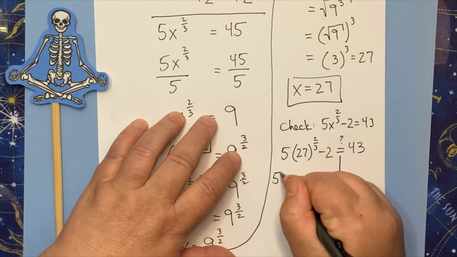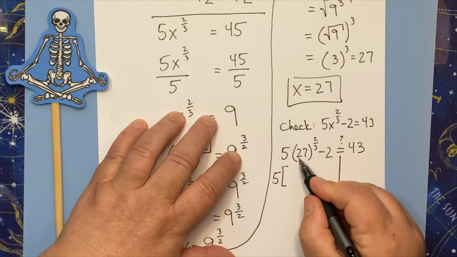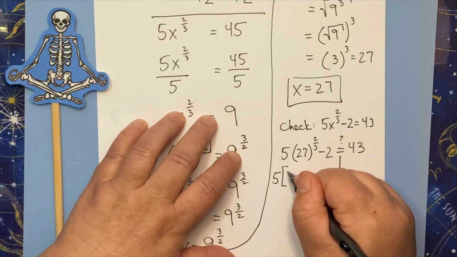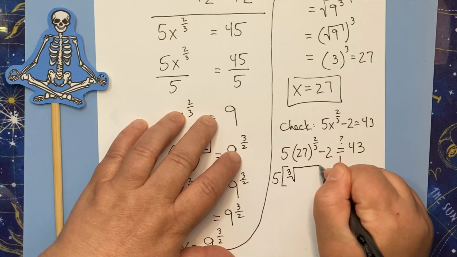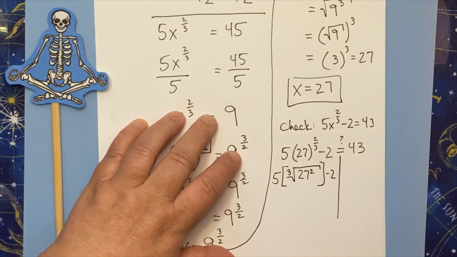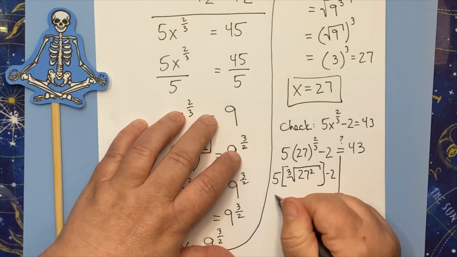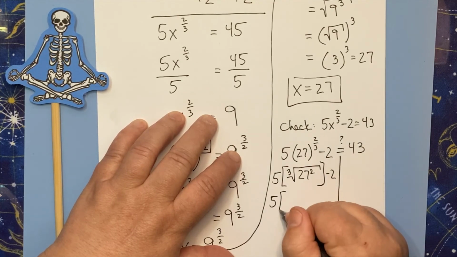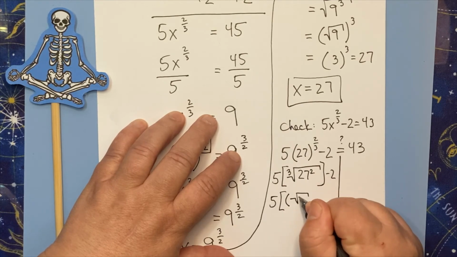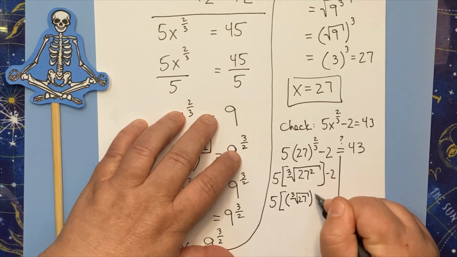So this is 5 times, and what's going on in here? I've got, let's see, this is the cube root of 27 squared minus 2. Or, since this is all well defined, this is the cube root of 27 squared.